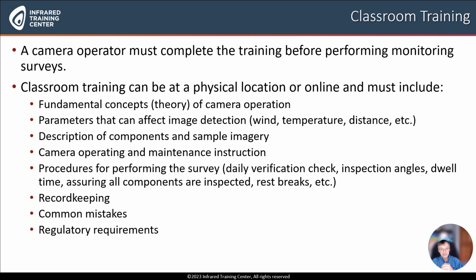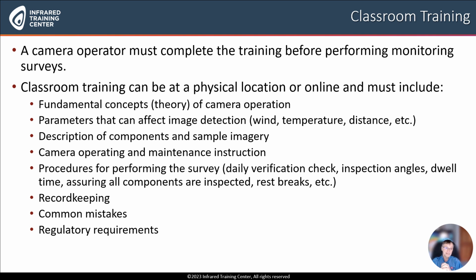And again, with safety being the number one priority for operators, look upwind, slightly crosswind, or maybe slightly downwind, but completely avoid being in the plume of the gas for obvious reasons. And also to assure that all components are inspected. So given a facility, what's the entirety of the list of components, verify that you've inspected it. And as we'll see here, verify that the inspectors had the appropriate rest breaks.